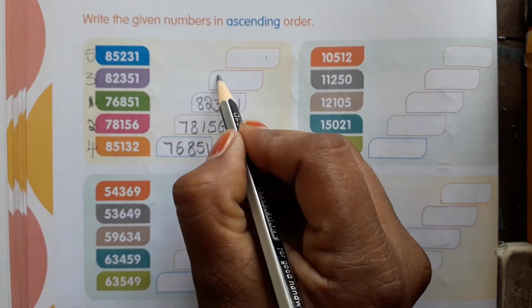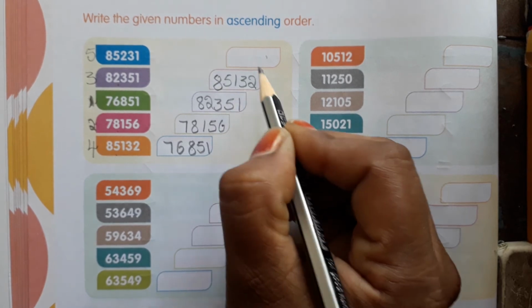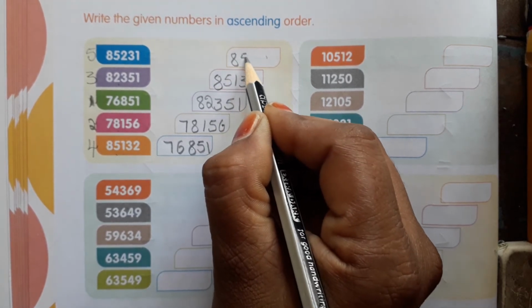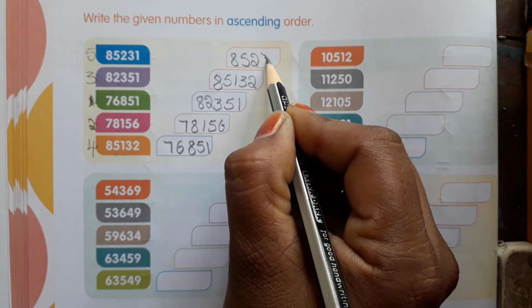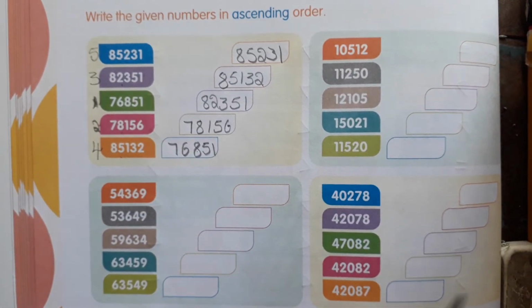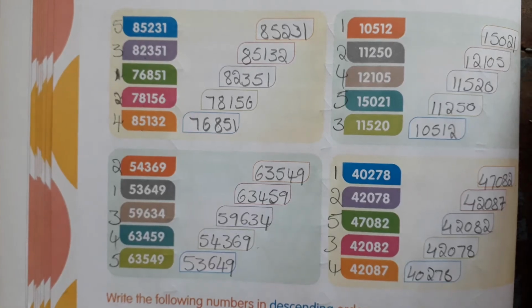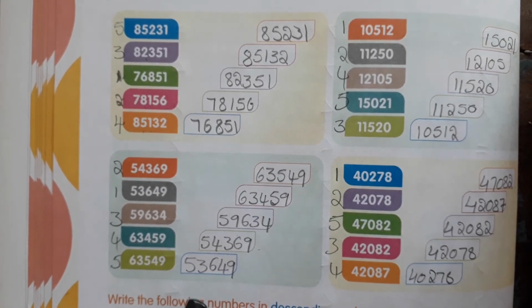Next, 85,132. Next, 85,231. Like this you will do all these. Okay, see the remaining, children.